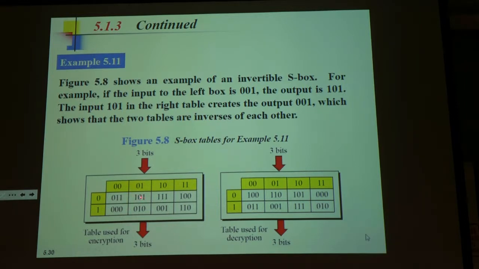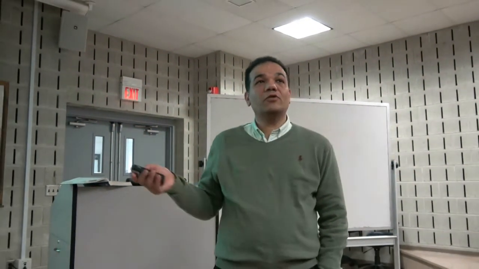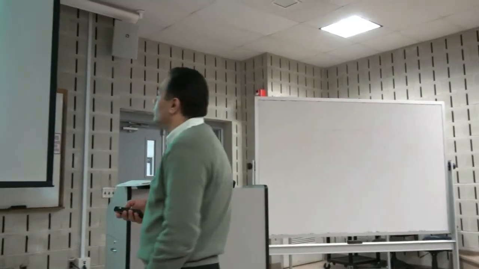Okay, let's try the other way. The output is 1, 0, 1. Where is 1, 0, 1? It gave you 0, 0, 1 here, right? So why are we able to make it invertible? Because the number of input bits equals the number of output bits, right? But if so, that's kind of a straight box. If it's not, it will be very hard to do.